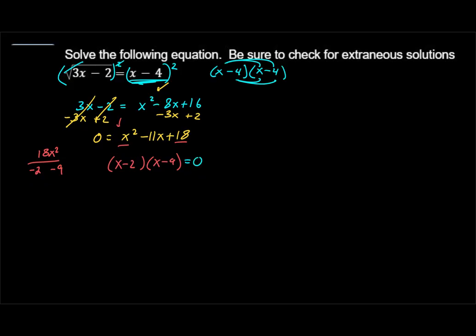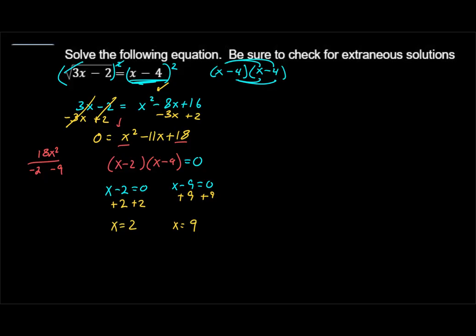This is a solving question, so we still have to finish it. We'll set each of our factors equal to 0. X minus 2 equals 0, and x minus 9 equals 0, and proceed to solve each of those one-step equations, adding 2, giving us 2 as one of our possible answers, and adding 9, giving us 9 as our other possible answer. So remember that we have to check our answer.